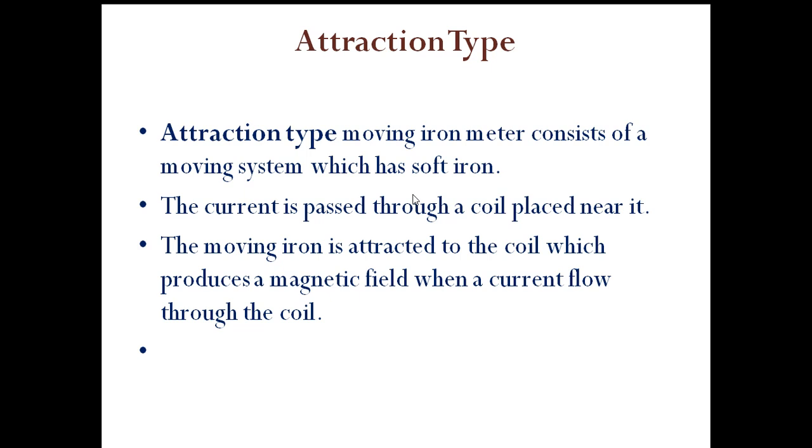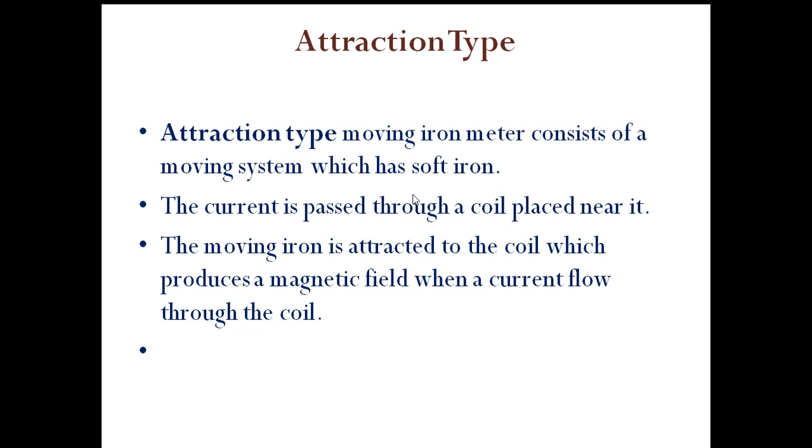The attraction type moving iron meter consists of a moving system which has a soft iron. It is very simple actually, as the name indicates, a moving iron type instrument.